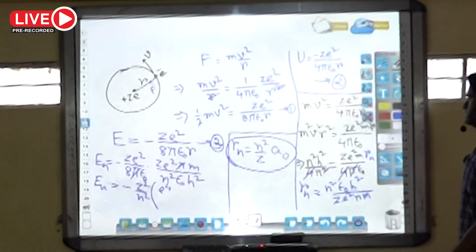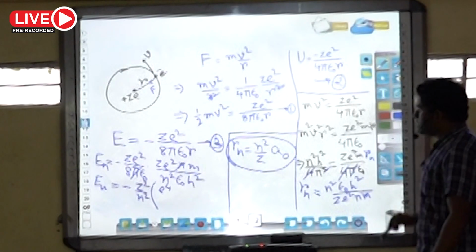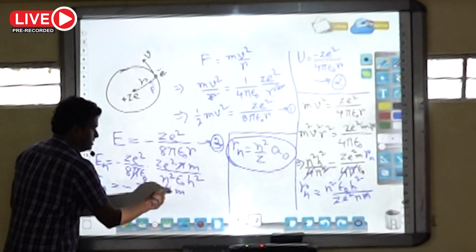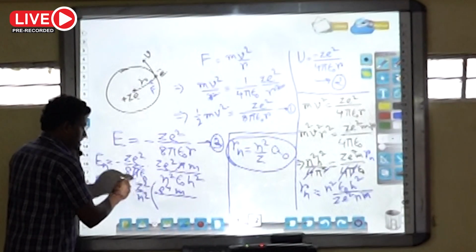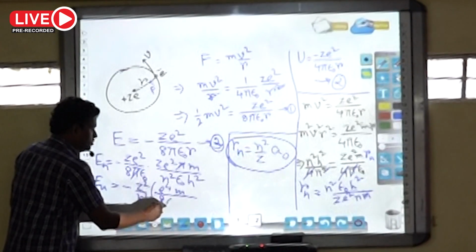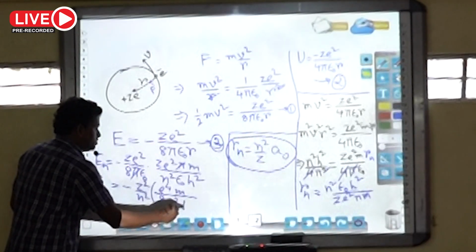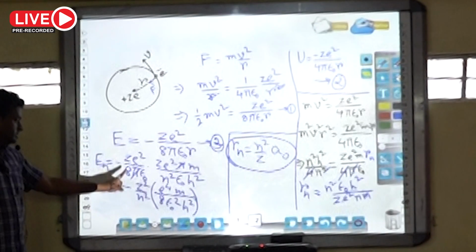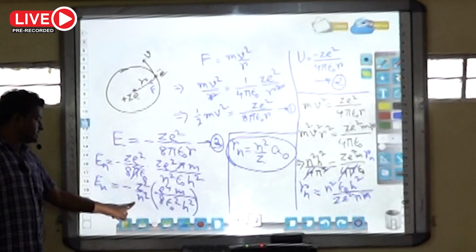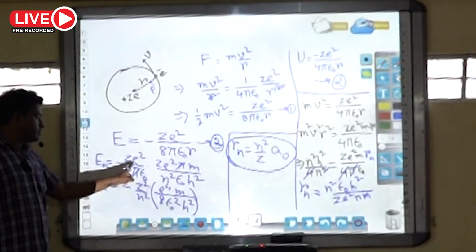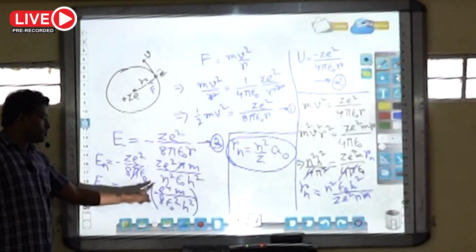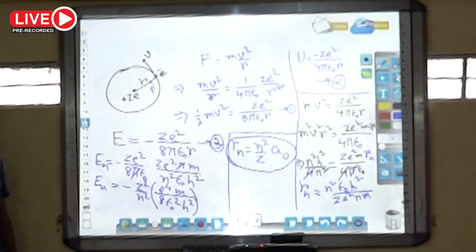Any other thing? Other things are not cancelled. So it will become e⁴ m divided by 8 ε₀² h². See, Z² is taken out, n² is taken out, then inside the bracket there will be e⁴ m divided by 8 ε₀² h².